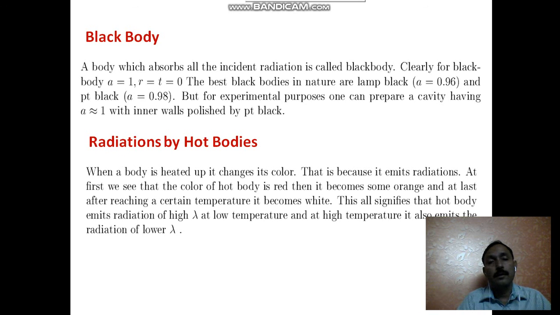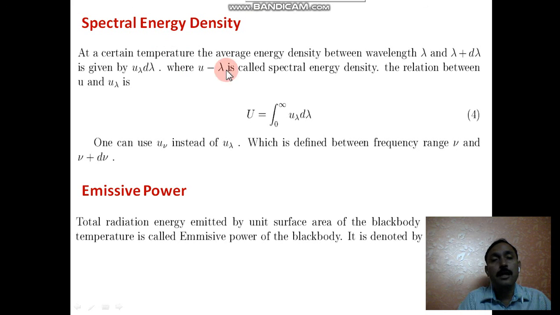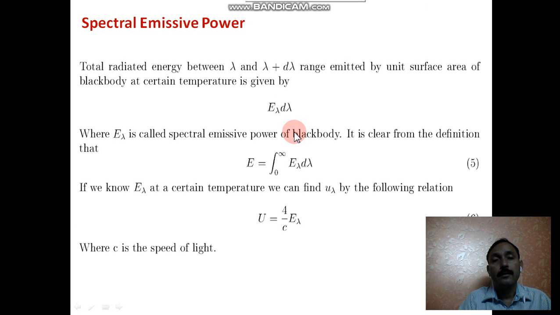So again, coming back to this slide, there is a relation of spectral energy density U lambda, and its relation with the spectral emissive power is 4 by C E lambda, where C is the speed of light. So we have to remember this E lambda and this relation, U is equal to 4 by C E lambda.